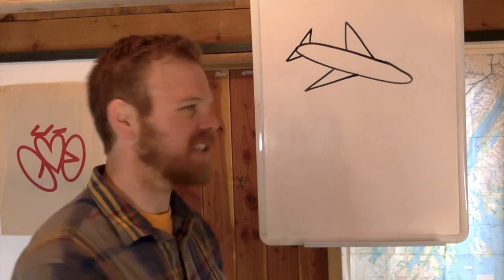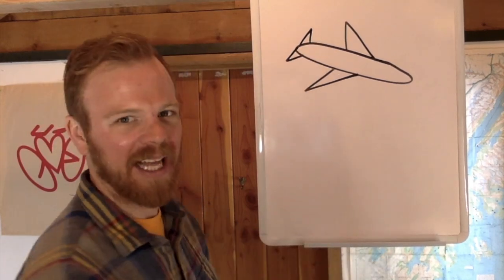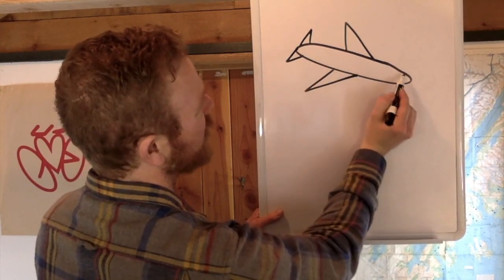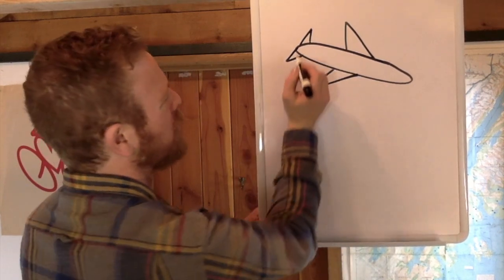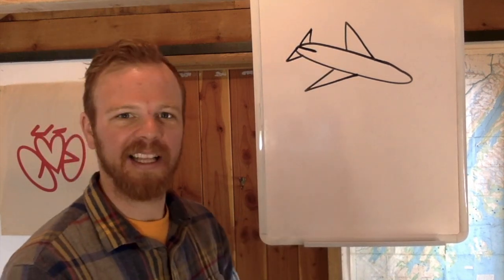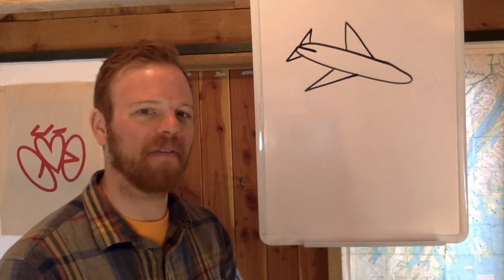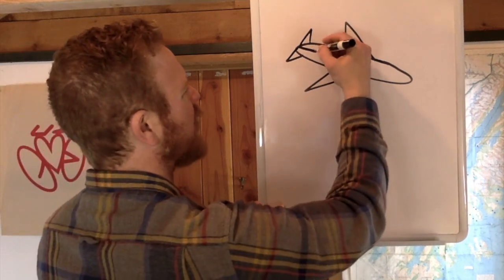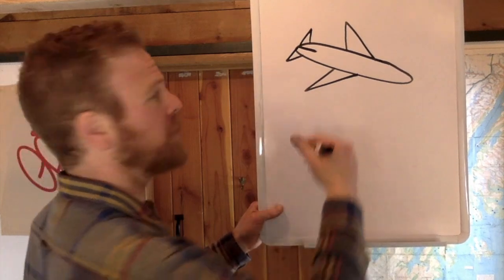The trick to this is to draw a small, short black line down the middle of your oval. I'm going to show you. A short black line, about this long. That tells me where the bottom of that third wing is. So here's the bottom, and now I'm going to draw a triangle going backwards like the rest of the wings.